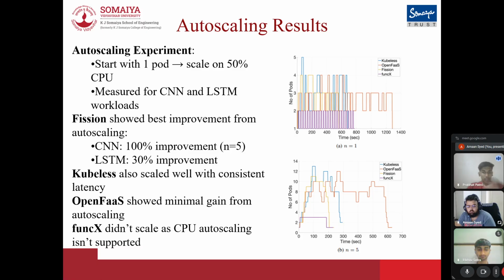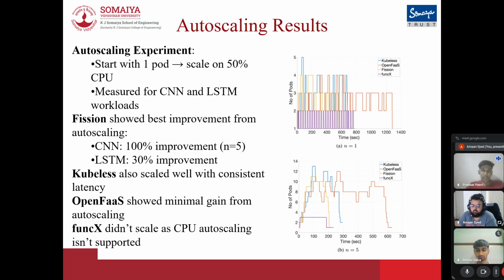So, the paper further examined how autoscaling impacts performance, particularly for the ML inference workloads, CNN and LSTM. Experiments were run in two modes: with autoscaling enabled, allowing multiple pods, and with autoscaling disabled, a fixed single pod per device. For the CNN workload, Kubeless again excelled, achieving optimal response times in both autoscaled and non-autoscaled scenarios.